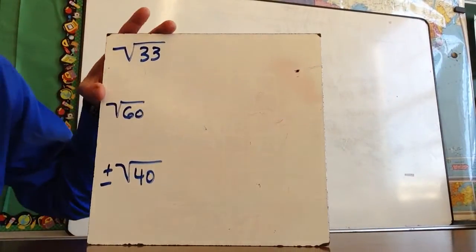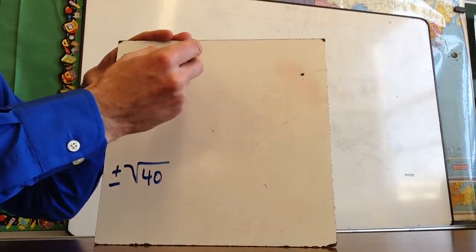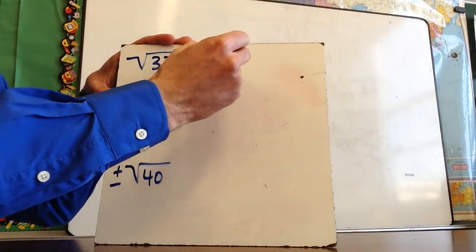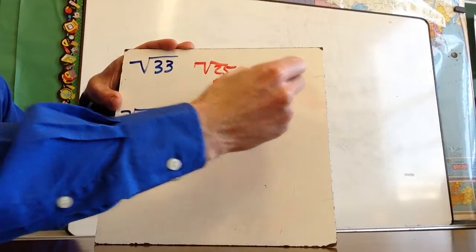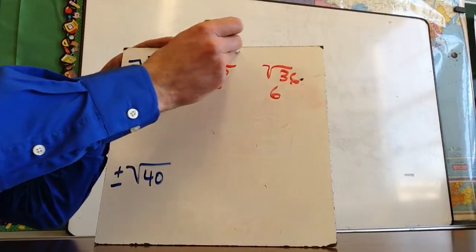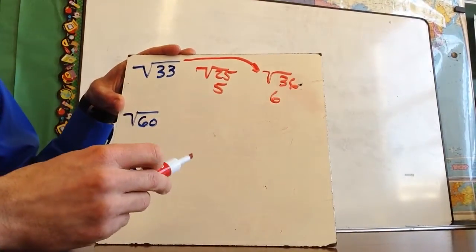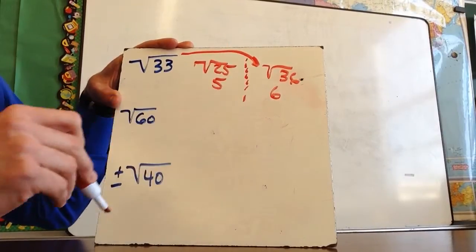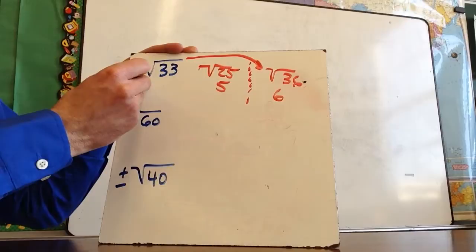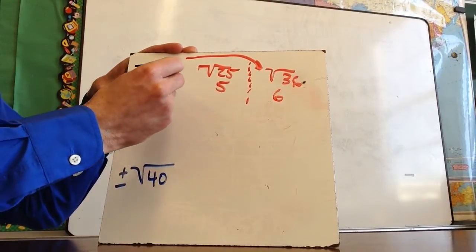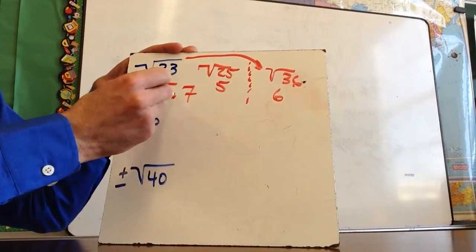Again, you can use a calculator to get the exact number, but if I want to estimate, I know that the square root of 25 is 5, and the square root of 36 is 6. This 33 is closer to the 6 than it is to the 5, but it is close to that halfway point. The halfway point would be 30 and a half, so it's a little bit more, so this might be approximately 5.7, we could say.